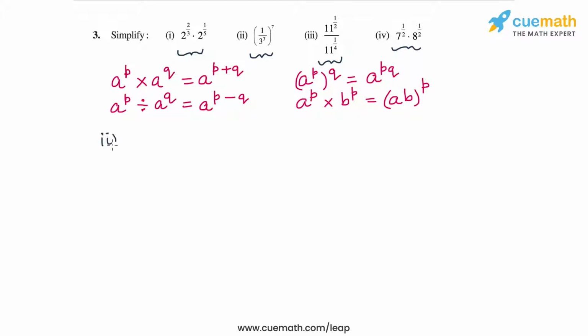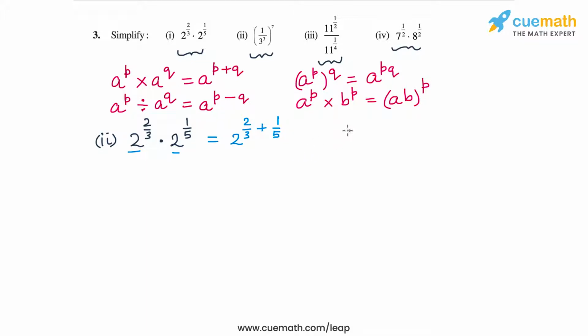So in the first part, we have to calculate 2 to the power 2 by 3 times 2 to the power 1 by 5. So in this case, the base is common, so the exponents will add. So we can write this as 2 to the power 2 by 3 plus 1 by 5. Now what is 2 by 3 plus 1 by 5?